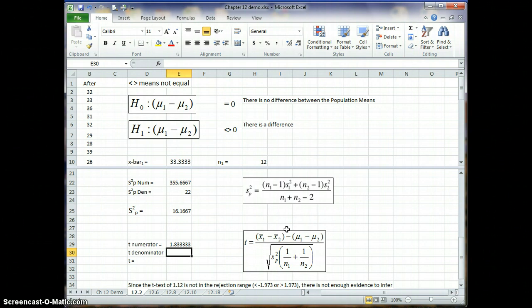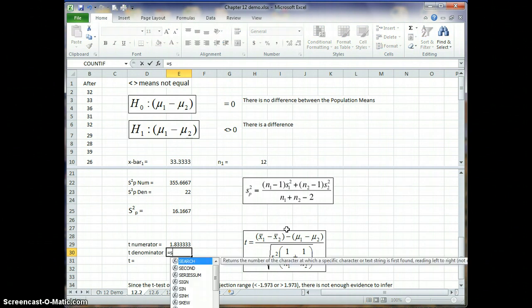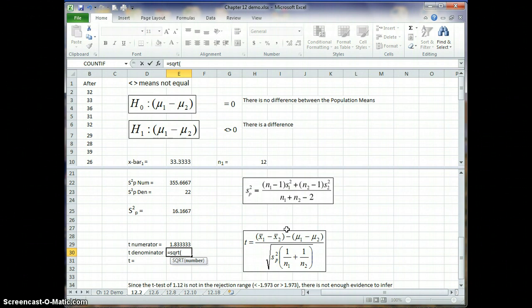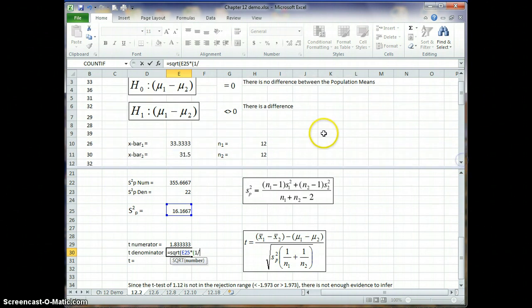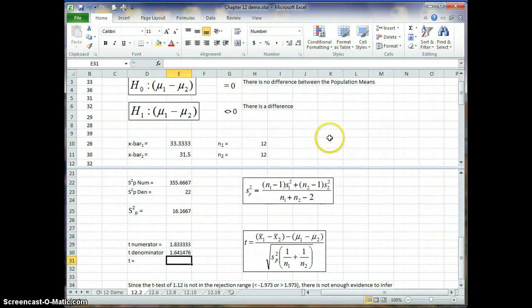Now the denominator is going to be equal to the square root of, open parentheses, this pooled variance estimator, the S sub p squared, times 1 over 12 plus 1 over 12, since n1 and n2 are both 12, close, and there we go: 1.641476.